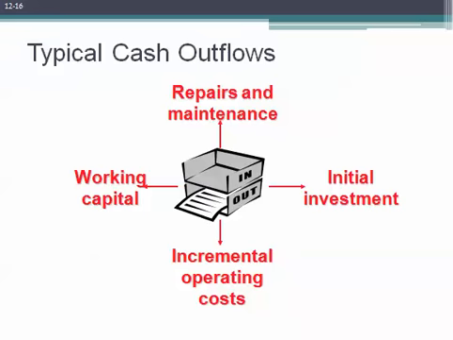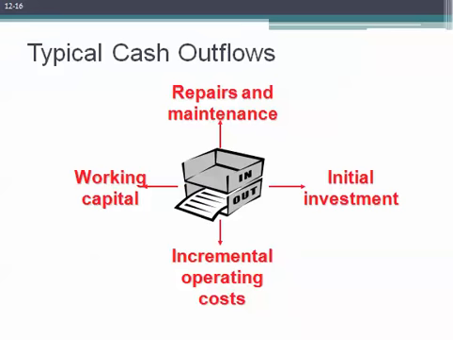They will include the initial investment, the purchase price of our equipment, and they also involve working capital. Recall that working capital is defined as the difference between our current assets and our current liabilities. Typically, the initial investment in working capital is a cash outflow for items such as inventory. We're going to build up our inventories when we start our project. We'll make sales on credit, so we'll have an increase in accounts receivable.